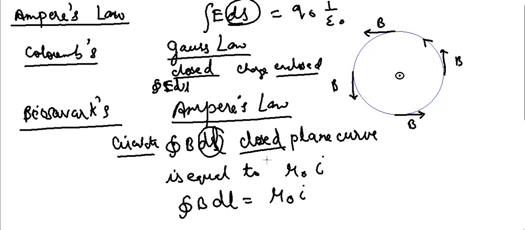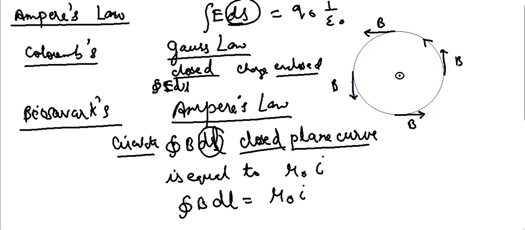Ampere's law is the same as Gauss law with some slight difference. Here the magnetic field is integrated over a closed plane curve. In Gauss law it was integrated over a surface. Now it is integrated across a plane curve; for example, I have taken here a circle.